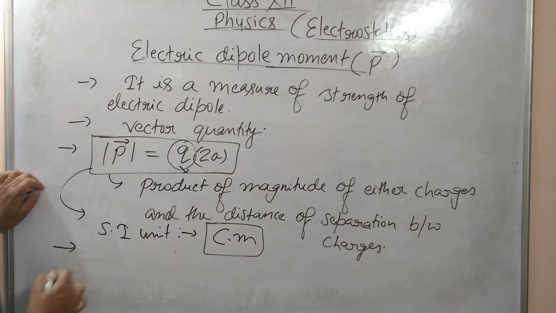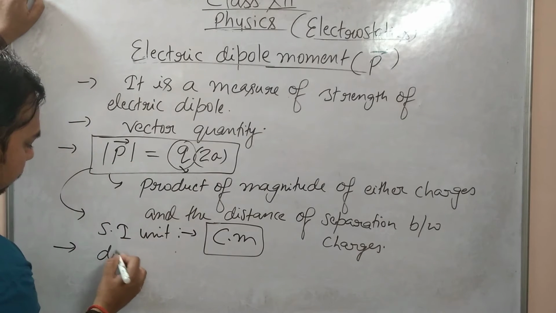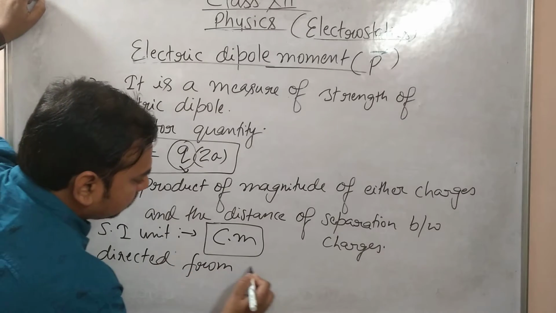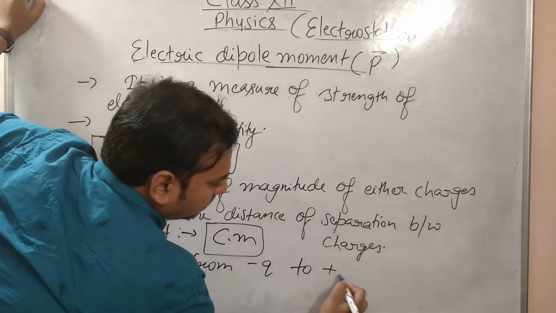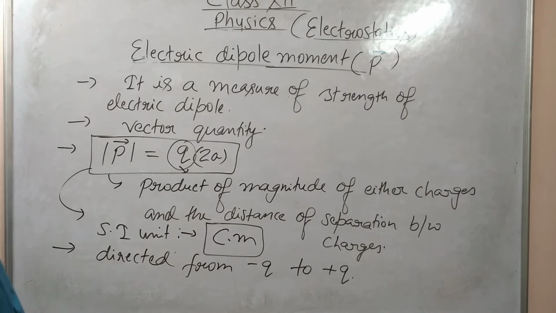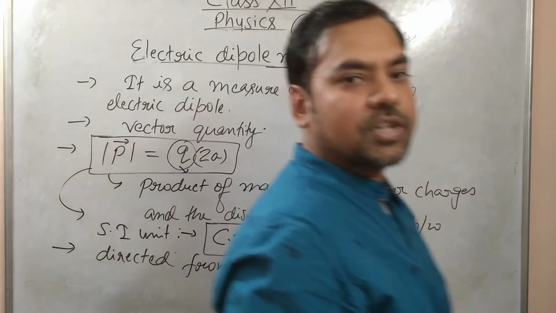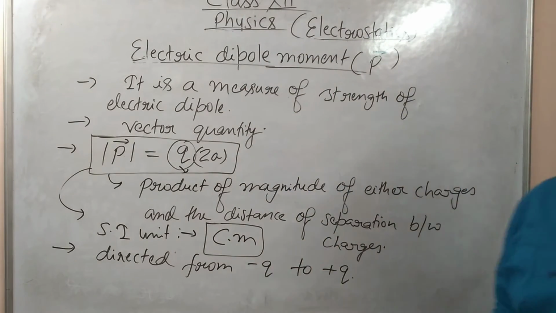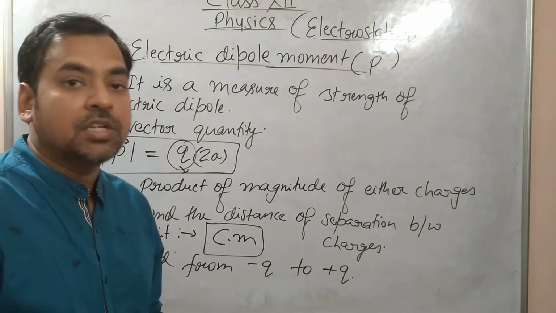And what is its direction? It is always directed from minus charge to plus charge. So this is all about electric dipole moment. I hope all of you have understood the concept of electric dipole moment.